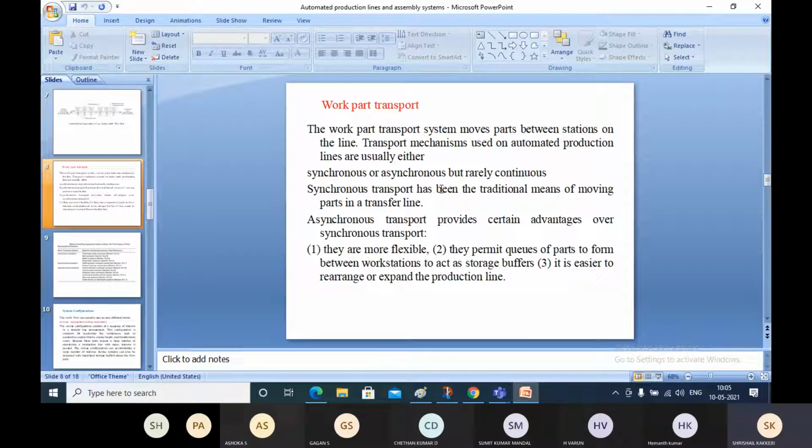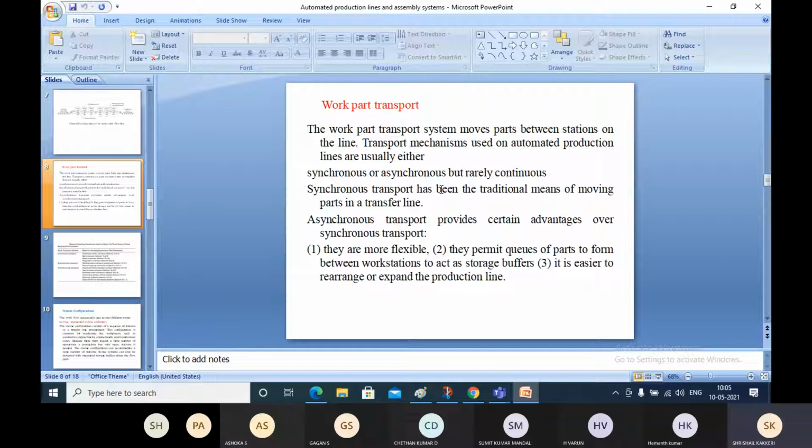They permit quicker queues of parts to form between the workstations to act as a storage buffer, because these conveyors will be larger in distance and more number of work parts can be kept on them, and they'll be self-acting as buffer storage units.